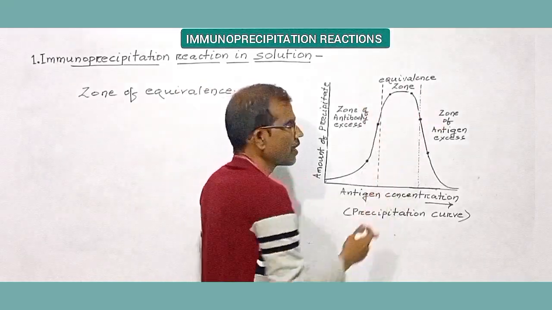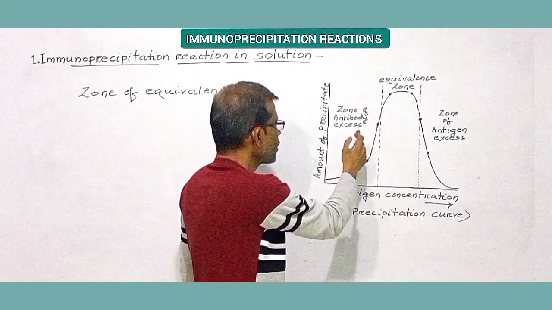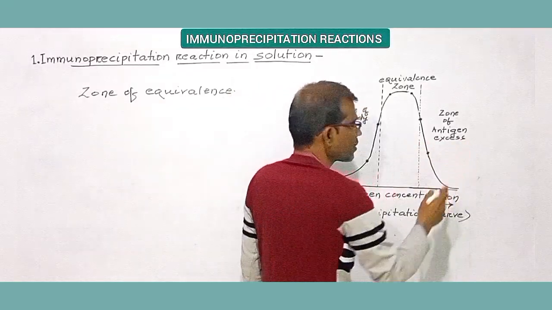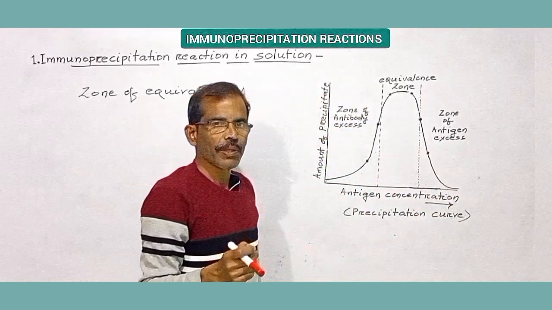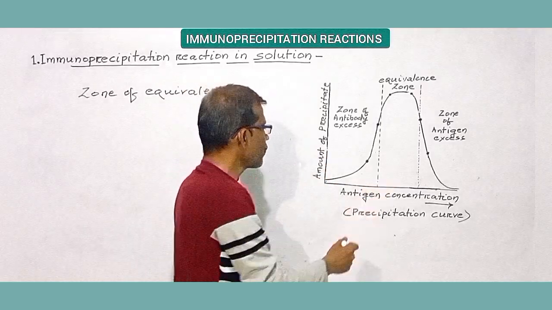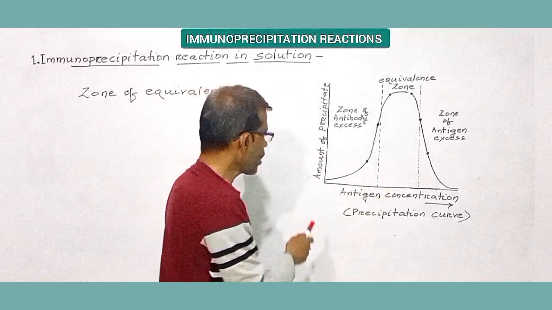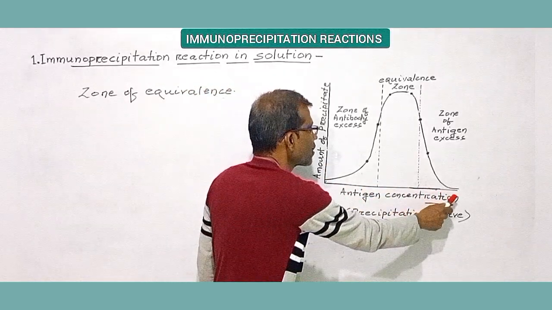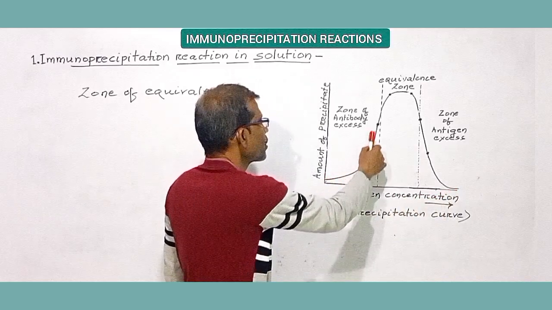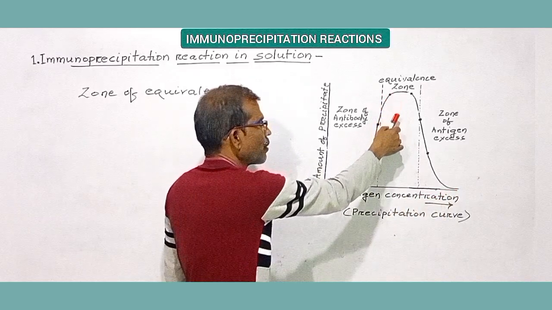On both sides, in the zone of antibody excess and also in the zone of antigen excess, visible precipitate is not formed. In this graph, you can observe that when we increase the antigen concentration, rate of precipitation also increases gradually.